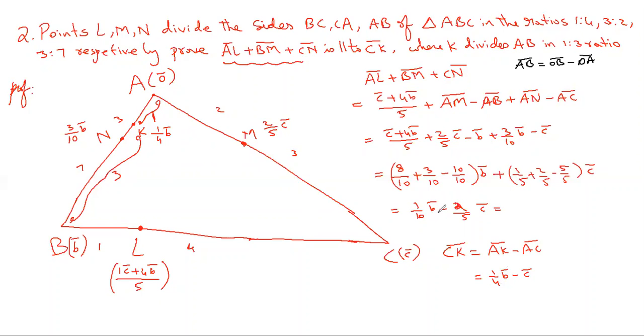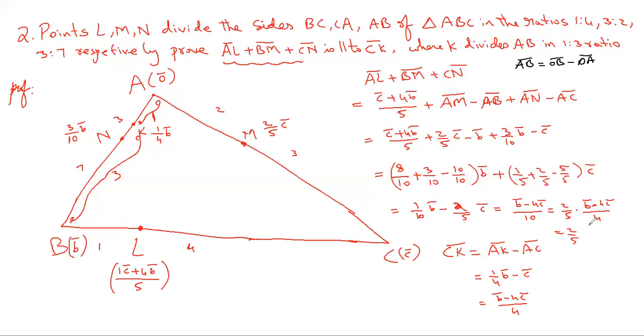Cross multiplying, this is B bar minus 4 C bar by 4, and the other is B bar minus 4 C bar by 10. Now it is easy to compare both of them. Dividing by 4, 2 by 5 you can write as B bar minus 4 C bar by 4, because the 2 cancels with the 10.